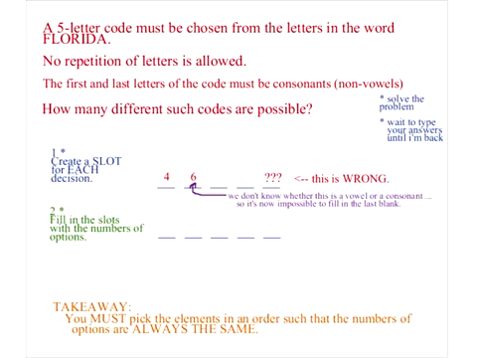So everybody type in the text box: in the correct way to do this problem, which slots do you have to pick first? Yeah, you've got to pick the restricted slots first so that you'll know how many options there are.